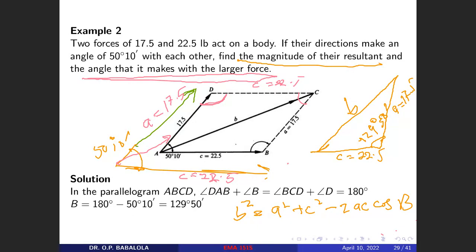No, it is this angle. So put it here. Sorry about that. This is the one we're looking for. We're given all of this angle to be 50, but we need this little angle that the resultant force makes with the larger force. It's not angle B.